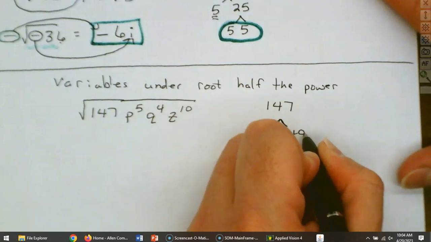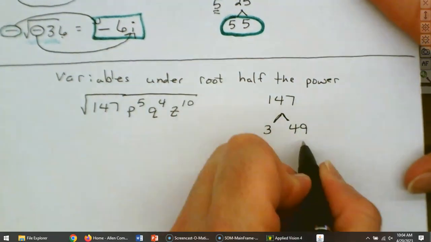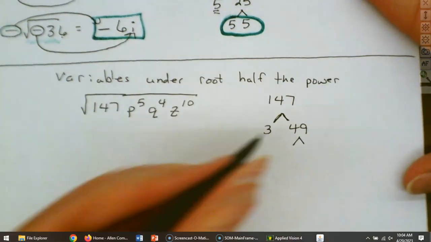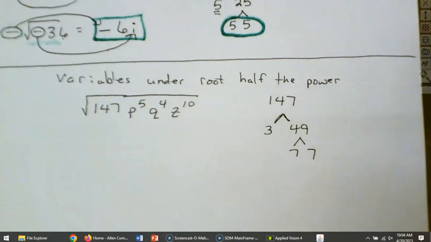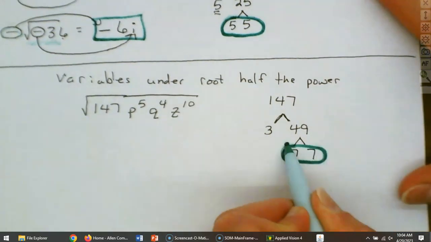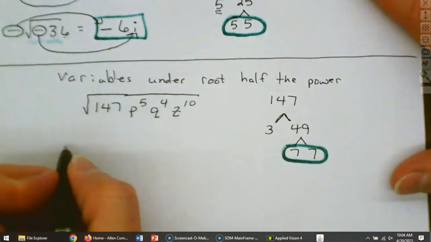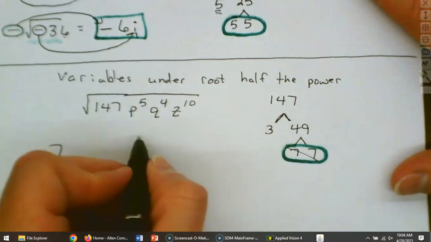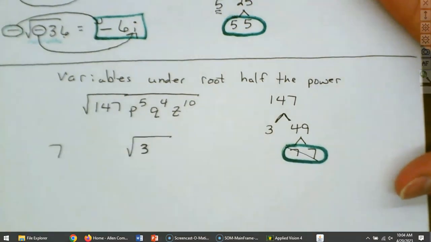And then once you divide that by 3, well, we've got a 49. What do we know about 49? Again, if you remember your squares, 49 is a perfect square of 7. So now, the 7s can come out. And that's gone. And what's left over? Well, what's left over is a 3.